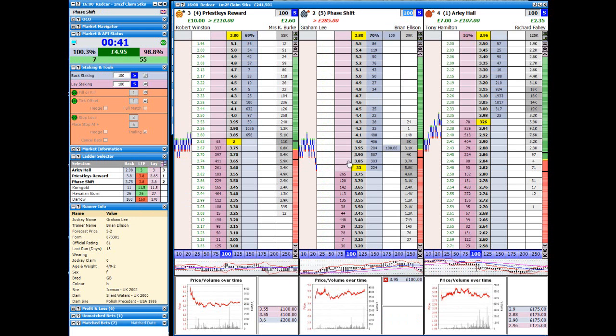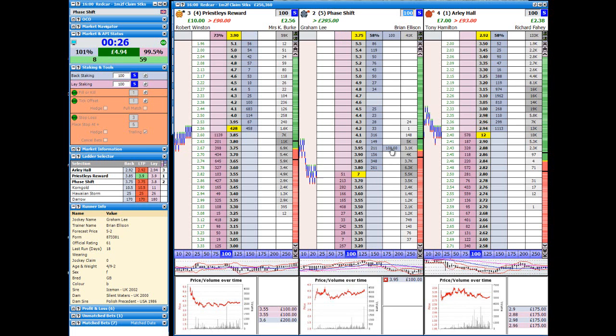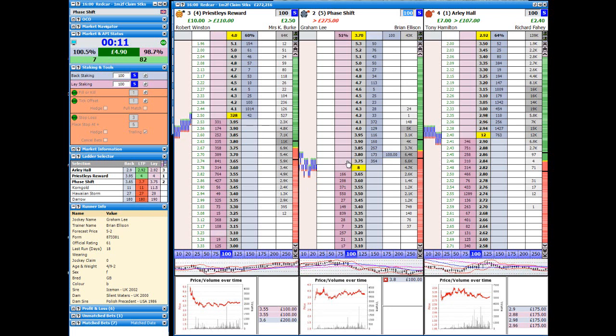we'll try to get some free green again on the middle runner here, Phase Shift. You'll notice, as I said at the beginning of the video, where are your entry points? The way I'm trading it is my own style, let's say.